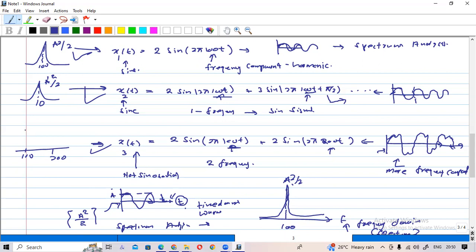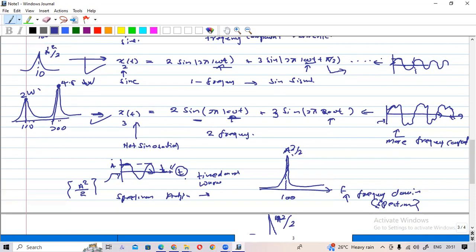Let's say this is 3, that means 3 squared, 9 divided by 2, that means you will have 4.5 watt. So this is the spectrum you see when you see this signal, because there are several frequency components.